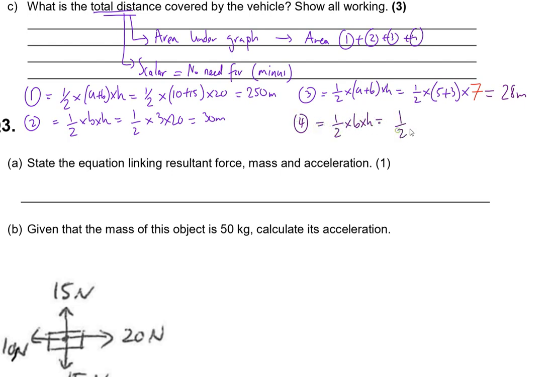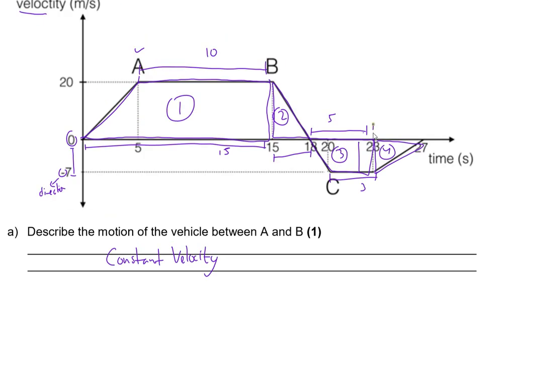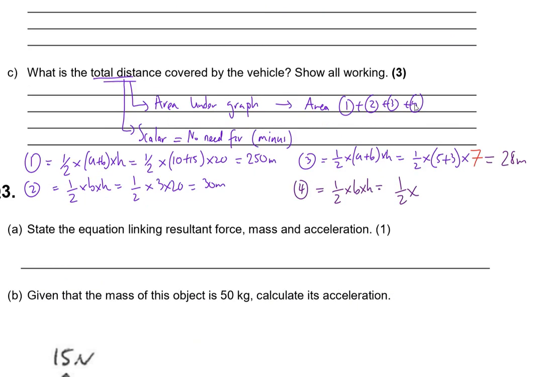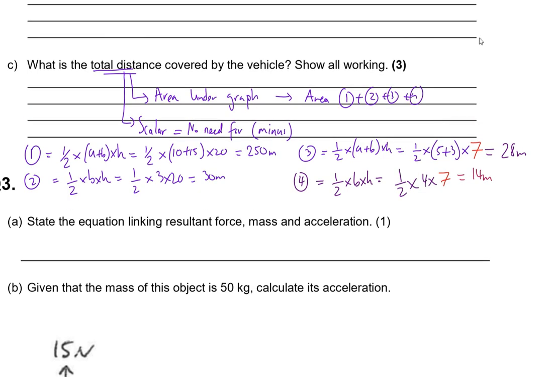Half is half. What's the base of the last triangle? The base is from 23 to 27, that's 4. And then the height is also 7. So 14 meters.